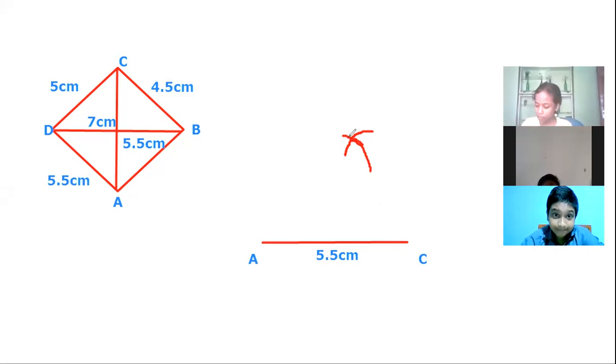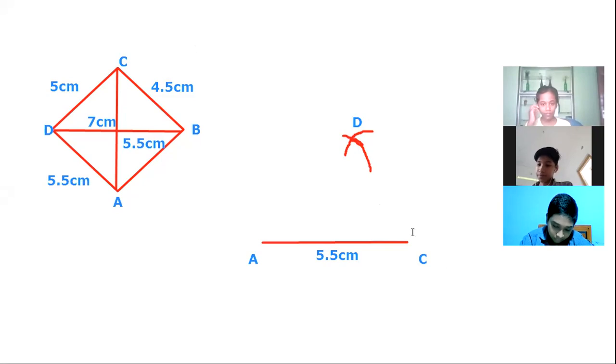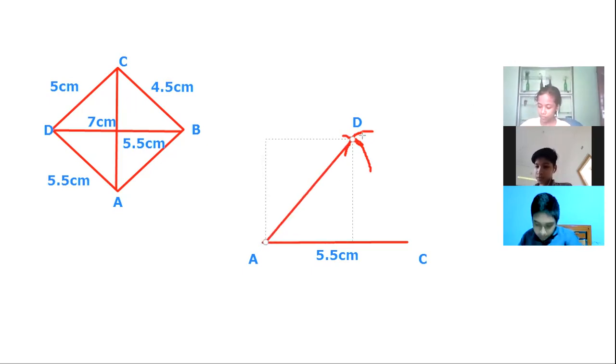Now, our both arcs would intersect. That point of intersection should be the vertex D. So, now we get the vertex D, and after getting the vertex D, we have to join AD and DC.